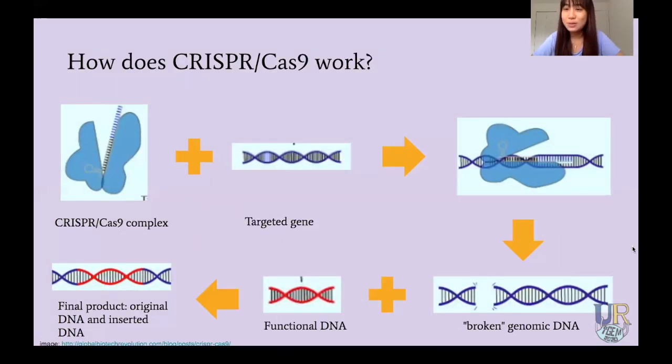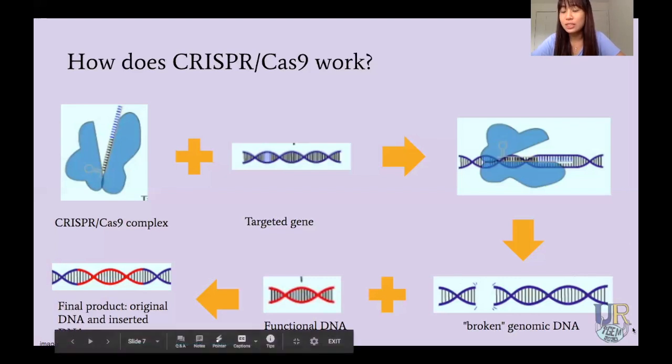So how does CRISPR-Cas9 actually work? After the CRISPR-Cas9 complex is formed, it can be introduced into the cell's genome. Cas9 is a molecular scissor, and the guide RNA, since it has a complementary region to the target gene, can bind to the target gene. Cas9 then cuts the target gene and forms this broken genomic DNA.